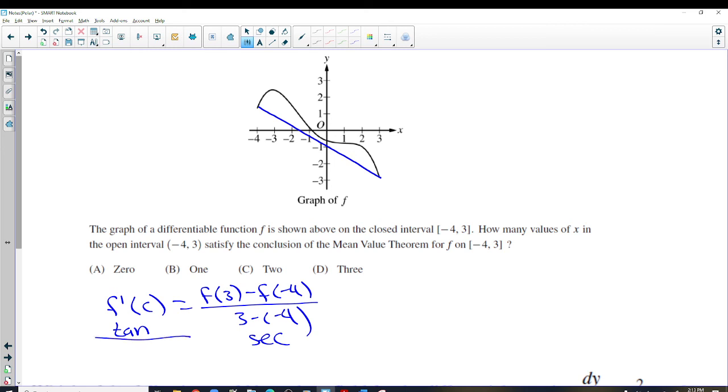And if we look at the curve, the slope of the tangent line and the slope of the secant line are equal to each other, let's say here. That'd be the same slope, roughly. I'm a little off. There's probably another one here that has the same slope, and another one here that has the same slope. So 3 times the graph satisfies the conclusion of the mean value theorem.